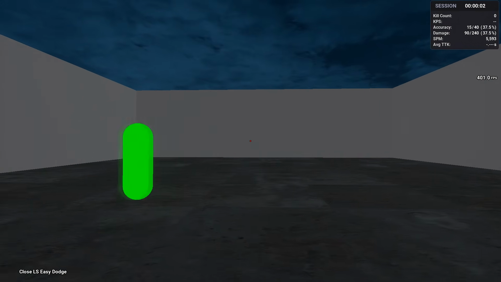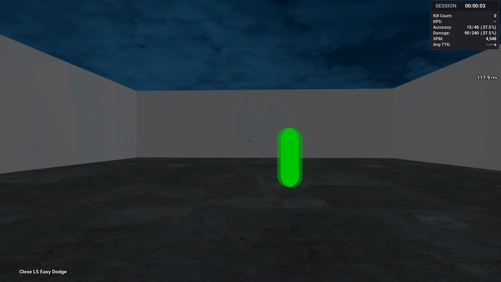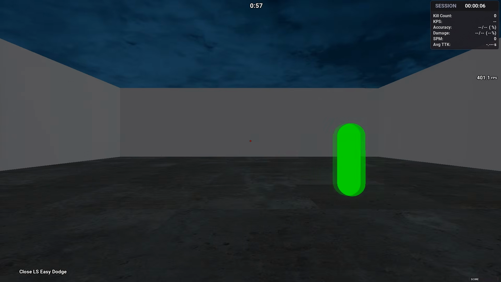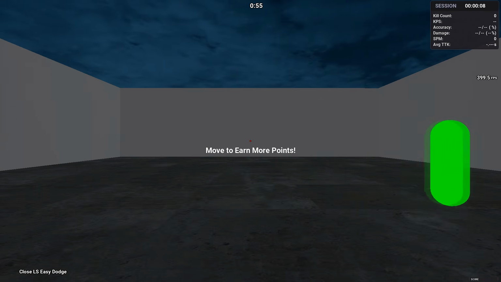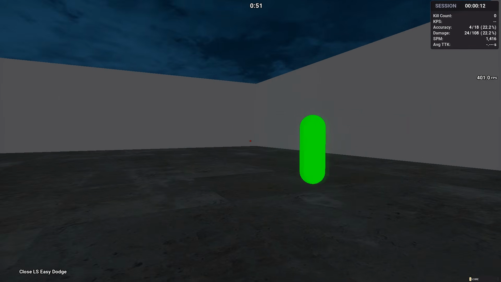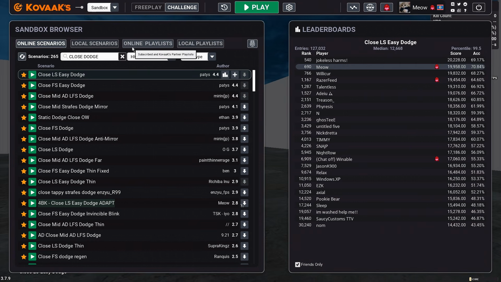I don't want you to move in scenarios unless the scenario is called dodge, which means movement, or a big warning sign like this will show up in your face. Boom. If it says move to earn more points, that's when you know, I need to move in a scenario. So we'll talk about movement tracking in a little bit. I just want to cover some of those common mistakes.